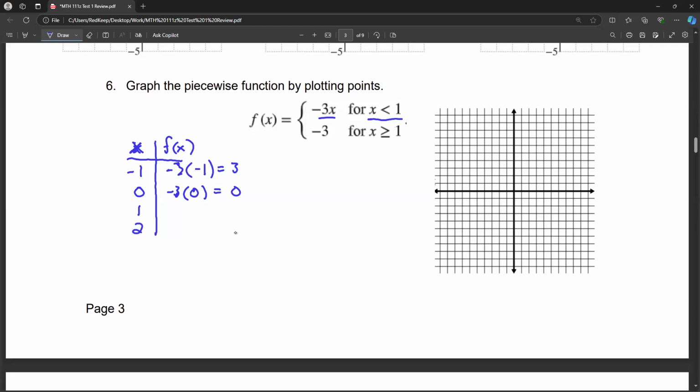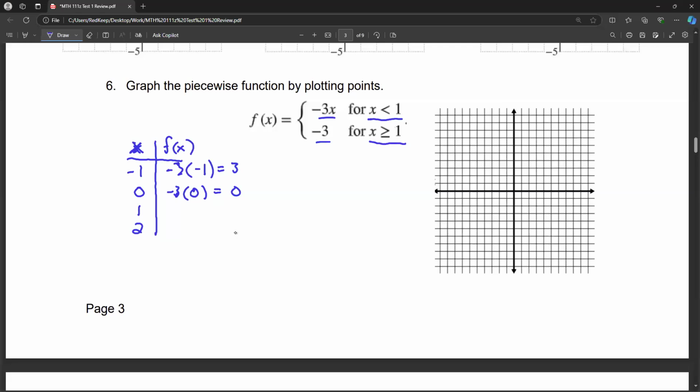Okay, so moving on now to x equaling 1, right? So we see, okay, well, x equaling 1, that's greater than or equal to 1. So the function we're going to use is -3. So this might feel a little weird, right? Because there's no x for me to plug in +1.